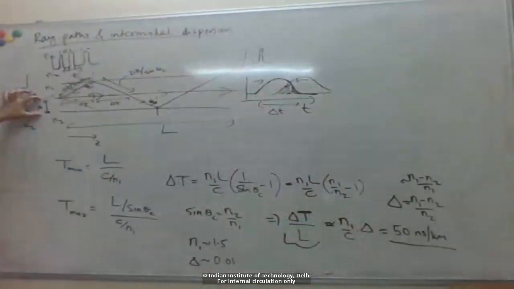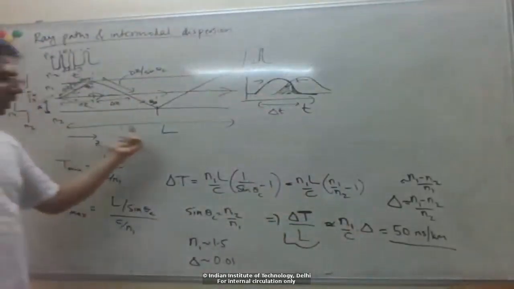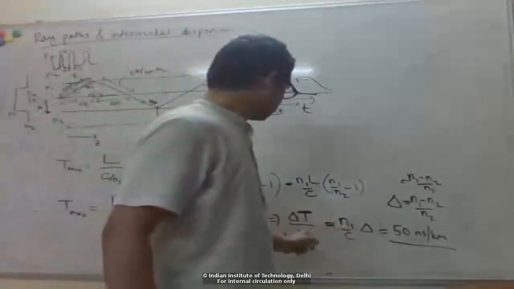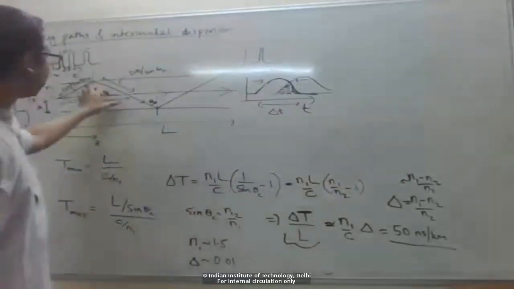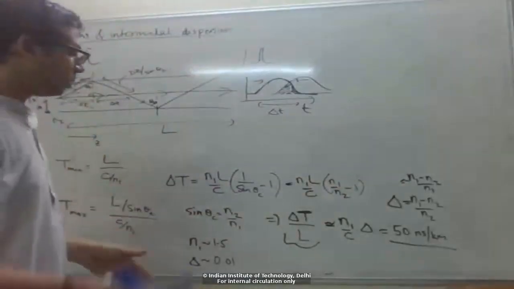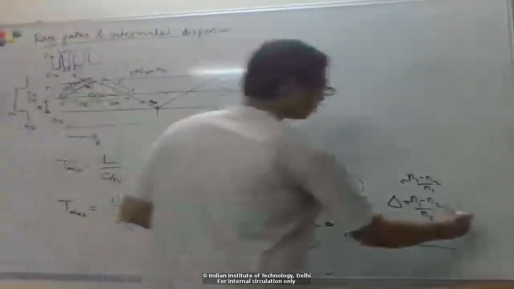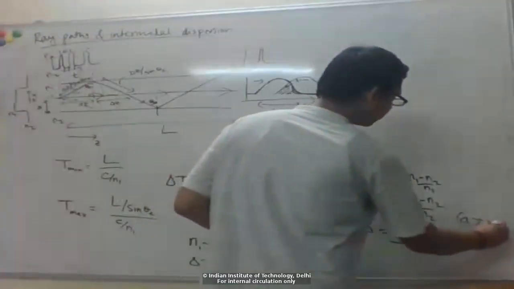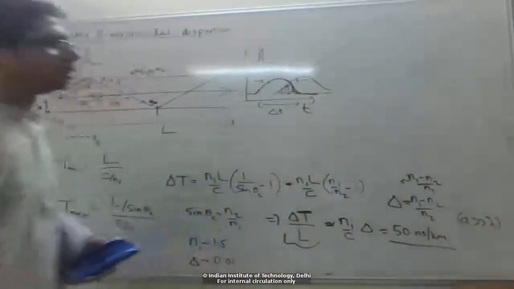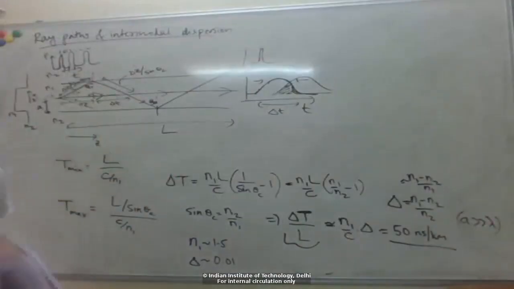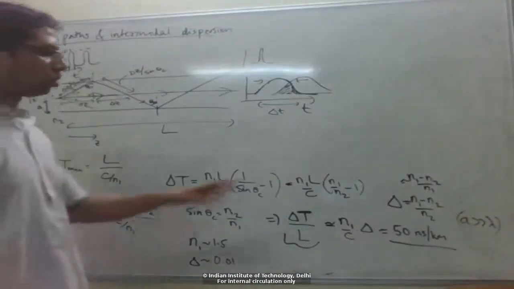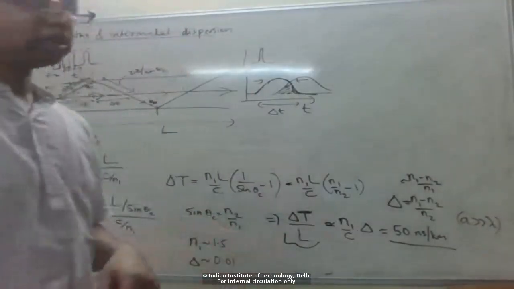The size a of the core doesn't show up here at all, which also suggests that this is only for highly multimodal fibers. Basically, this limit occurs when a is much bigger than lambda. So a is not showing up in the final expression at all.